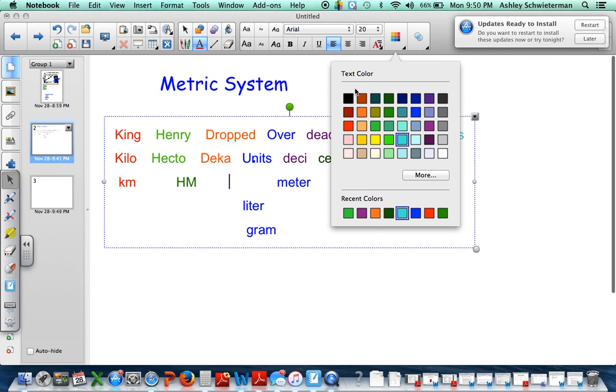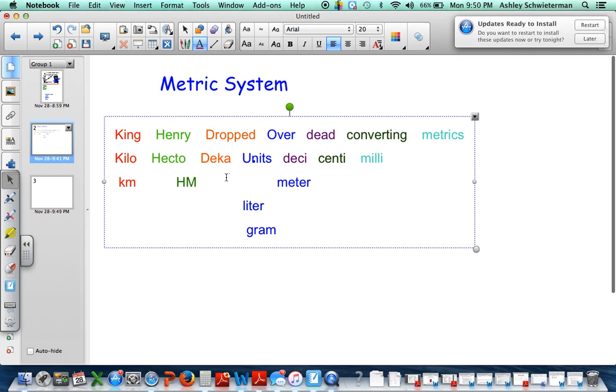Decameters, which is capital D, M. And then we'd have meters, which is just an M. Then lowercase d, M, lowercase c, M, then M, M, etc. So then for L, it's actually a capital L. So KL, HL, DL, capital DL, DL, CL, ML, and then gram. And I just realized there's an extra L.